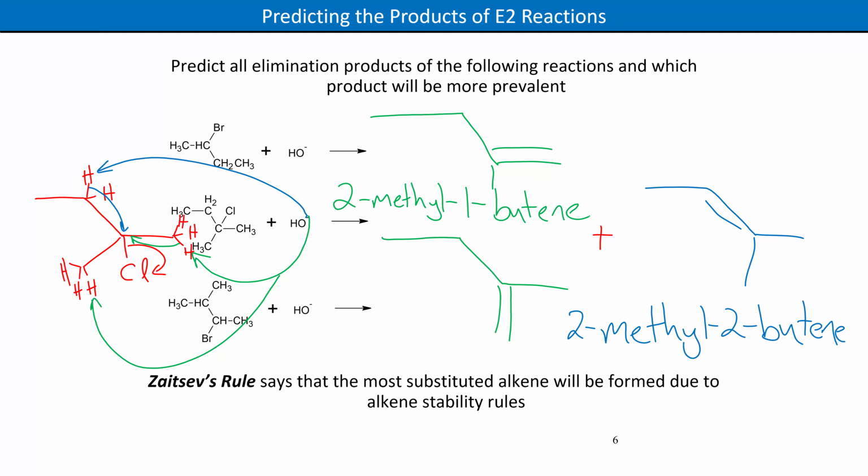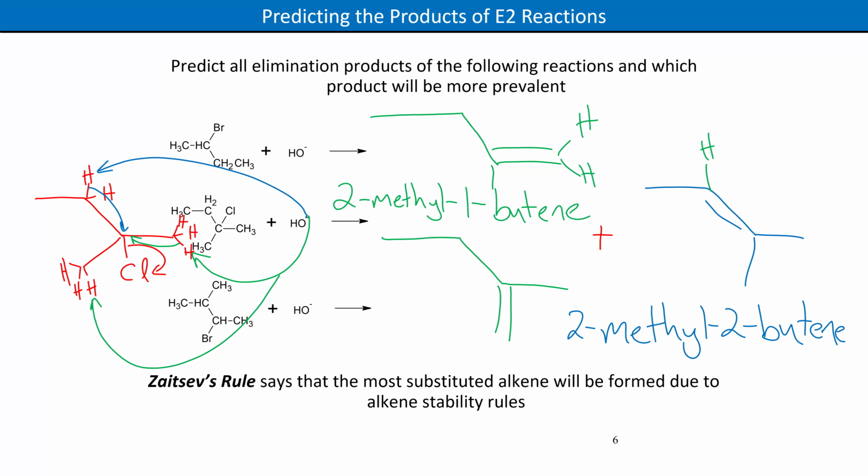So if we look at the blue one, we've got a methyl and a hydrogen on one side. So obviously we'd know the difference if we switched those two. But because this is a methyl and that's a methyl on the other side, if we switch these two, nothing changes. And on this side, we have a hydrogen and a hydrogen.